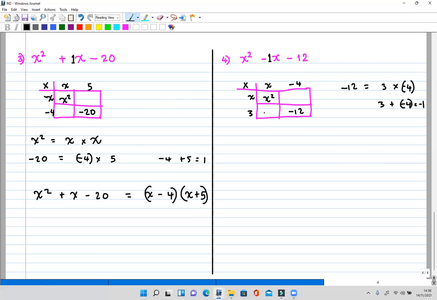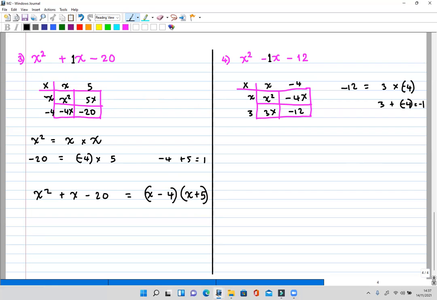Let's complete the whole table. We get 3 times x, that is 3x, and x times negative 4, we have it as minus 4x. Also, we forgot to complete this. Negative 4 times x, that will be negative 4x, and 5 times x, that is 5x.